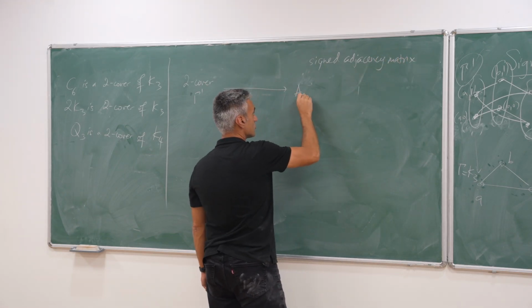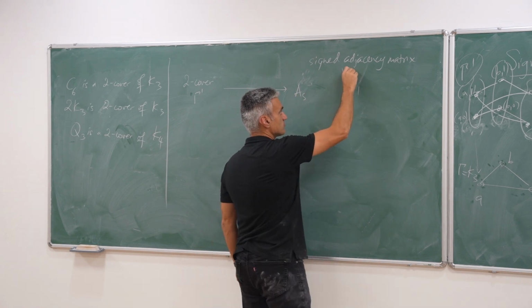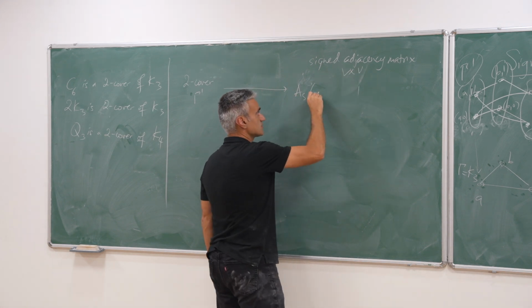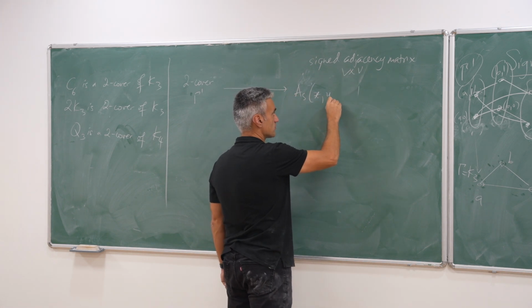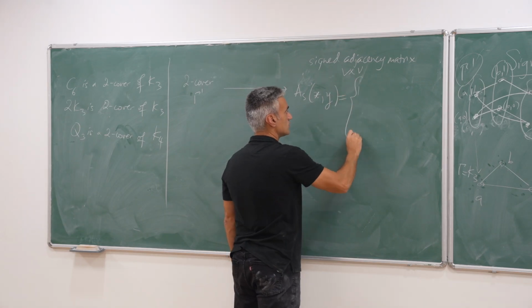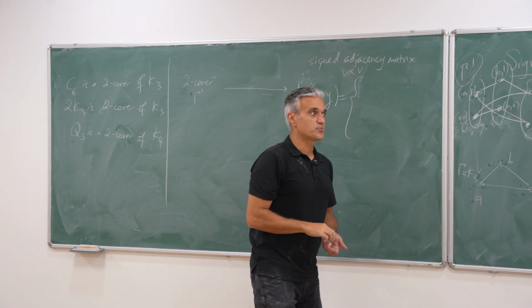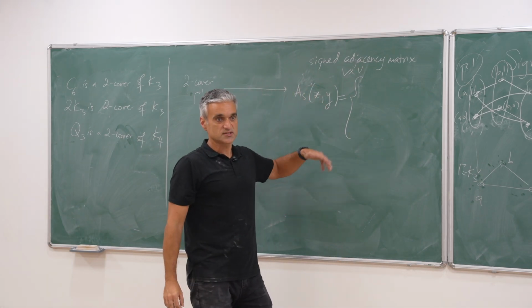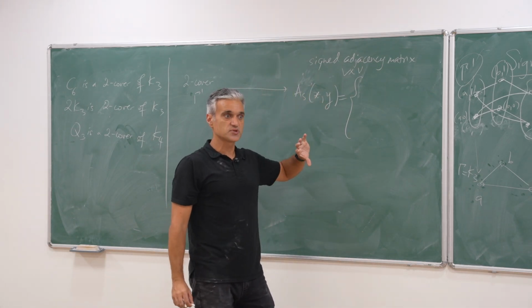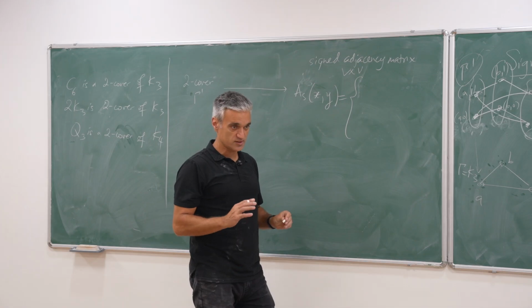AS as follows. So AS will be V by V, but now AS in the position XY will be the following. So I will put a 0 if X and Y are not adjacent, so those don't interest me. So I have to deal with what happens if X and Y are adjacent.